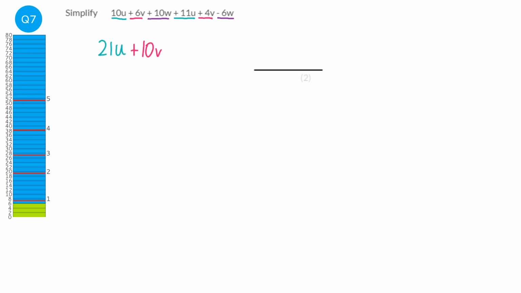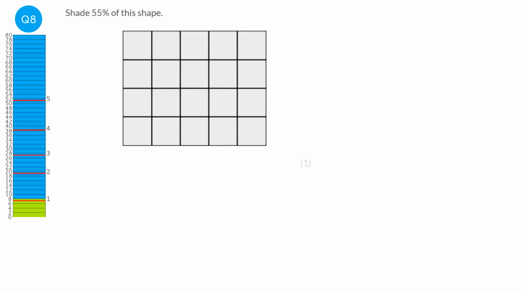So 10 take away 6 is 4w, so plus 4w. But we can't add a u term to a v term to a w term. So we have to just leave them be. So our answer is 21u plus 10v plus 4w. But we can multiply them, we just can't add or subtract them.